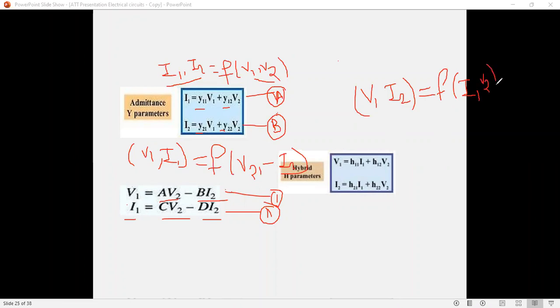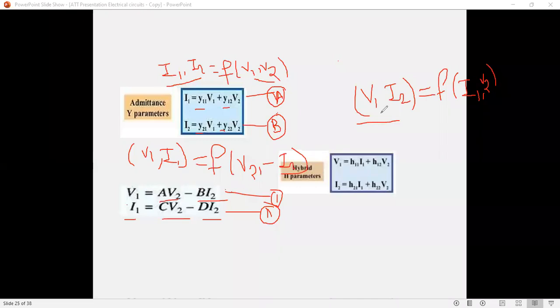So V1 and I2 are a function of I1 and V2. In that, V1 and I2 are the dependent variables, and I1 and V2 are the independent variables. So the input voltage and output current of the network can be expressed in terms of input current and output voltage.